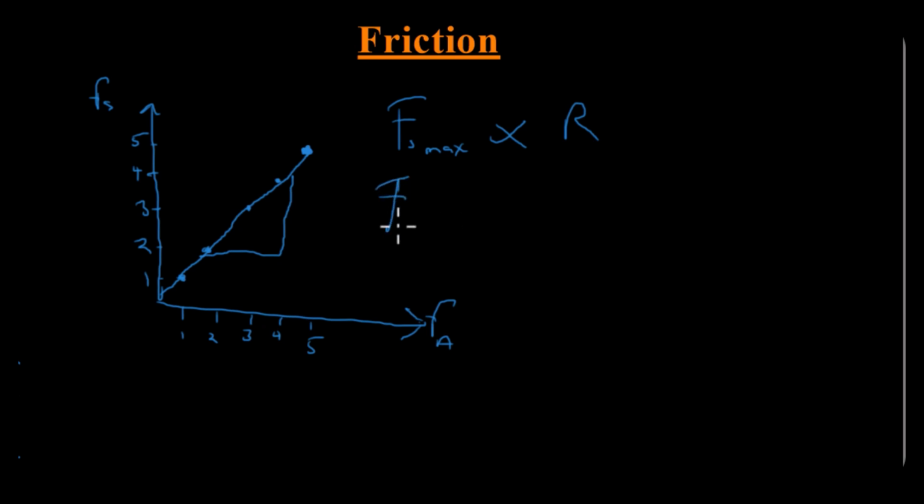So Fs max can now be equal to mu s R, the coefficient of static friction times R, where R is equal to W and W is equal to mg. We talked about this in the previous diagram.